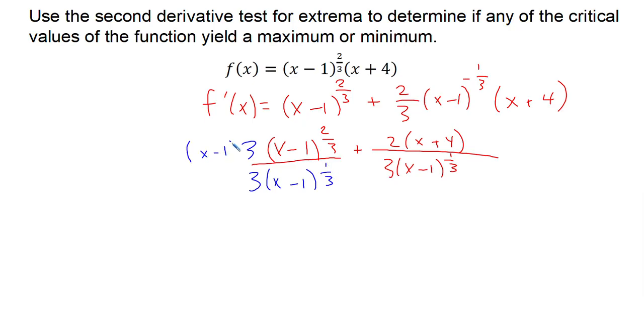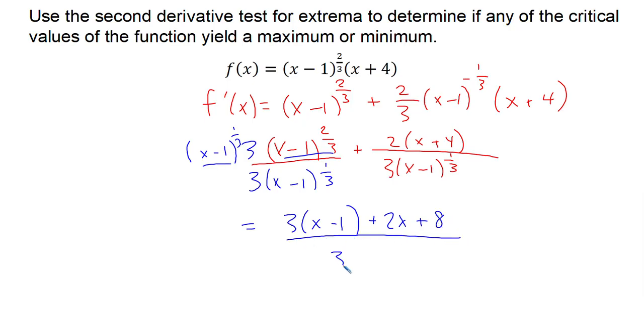And when I multiply by the (x minus 1) to the 1/3 up there, (x minus 1) to the 1/3 times the (x minus 1) to the 2/3 should just become x minus 1. So we end up with 3 times (x minus 1) plus 2x plus 8 over 3 times (x minus 1) to the 1/3.